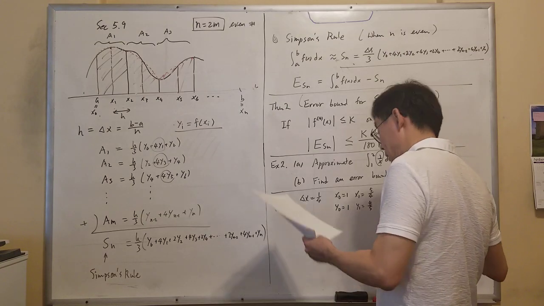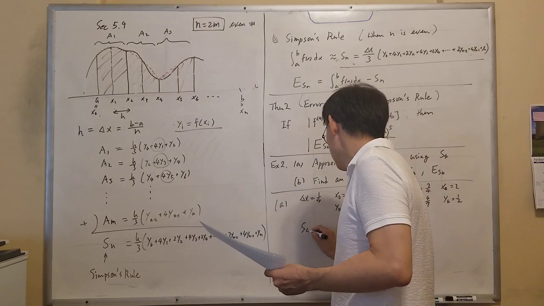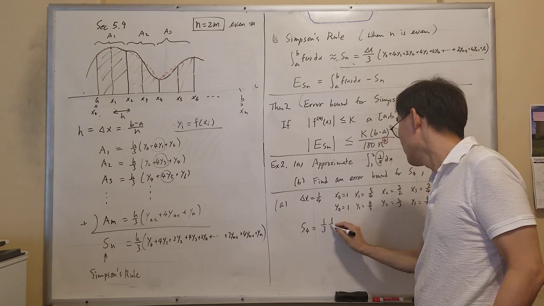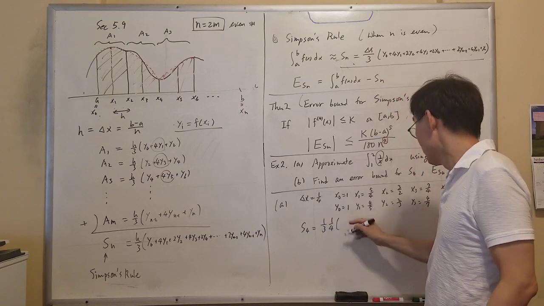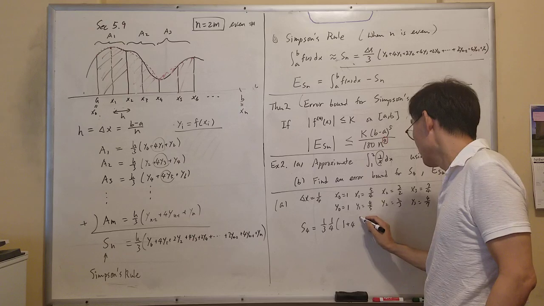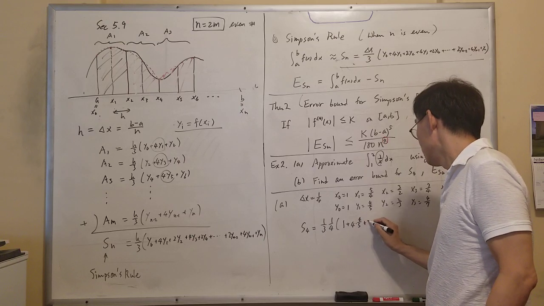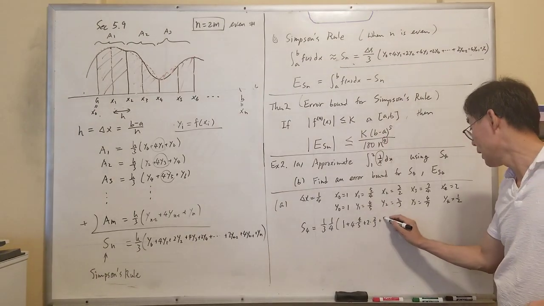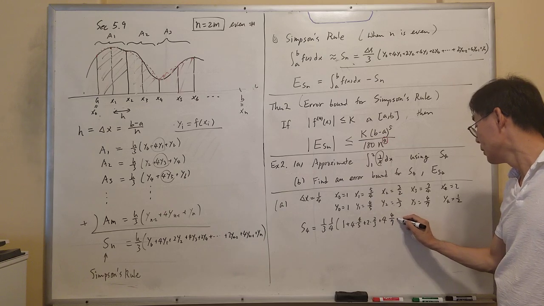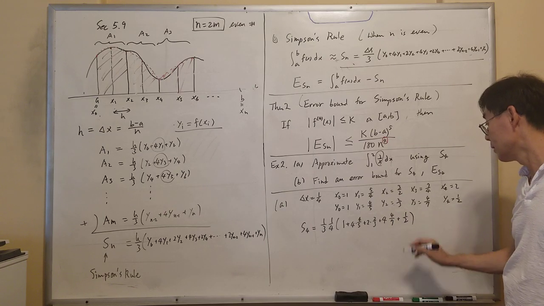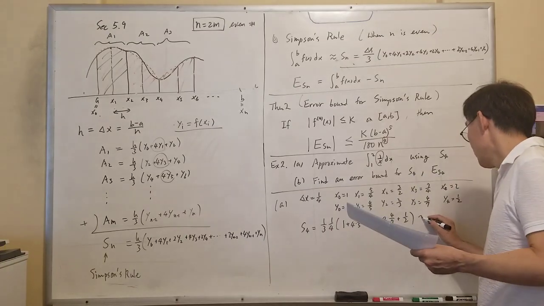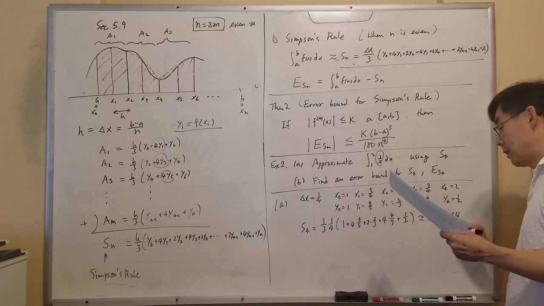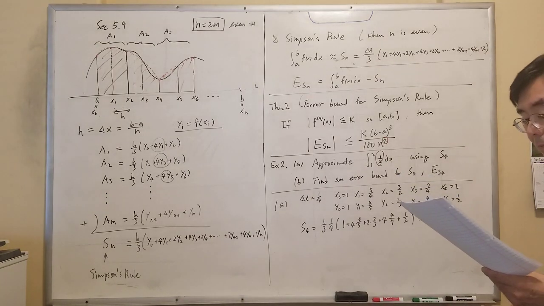So your S4 is delta x over 3, 1/3 of delta x, times y0, which is 1, plus 4 times y1, 4 over 5, plus 2 times y2, 2 over 3, and then another 4 times this one, an odd term, and then the final one as it is. If you do that, you're going to get about 0.693254.